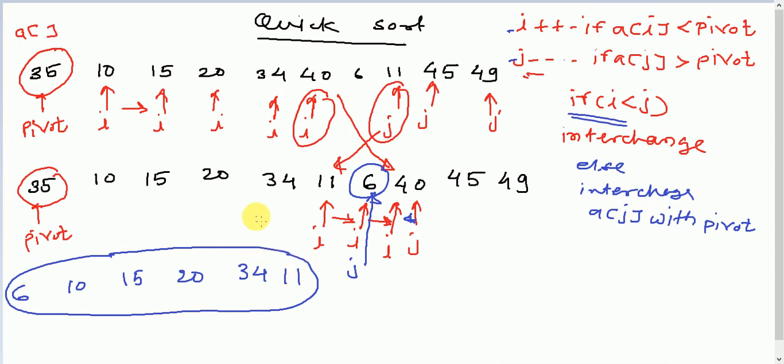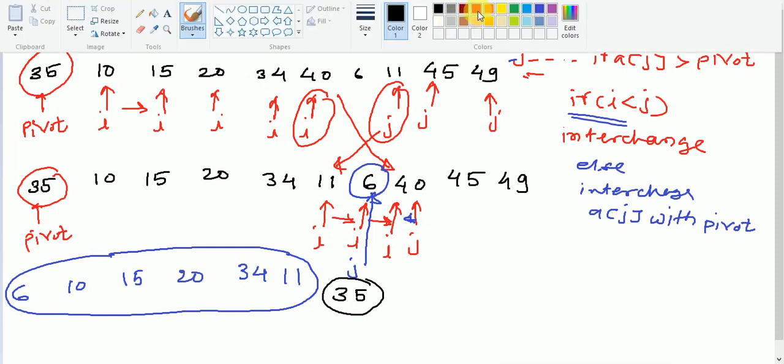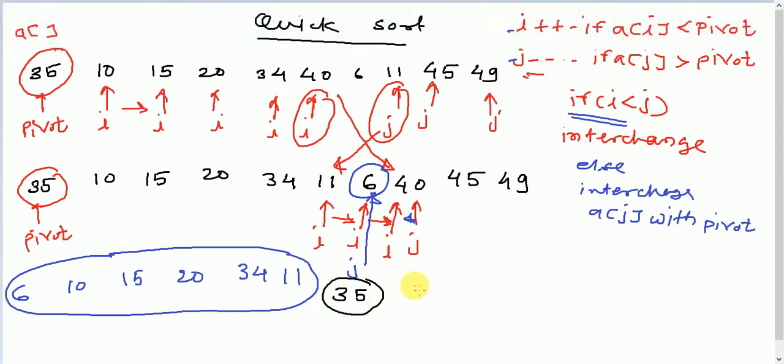Now instead of 6, the element which will come here will be 35. And in the next part there will be the elements 40, 45, 49.